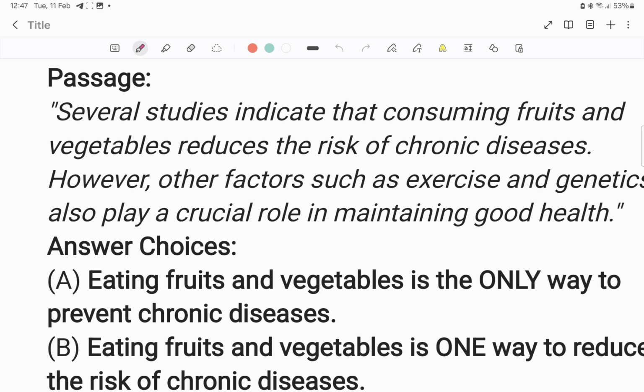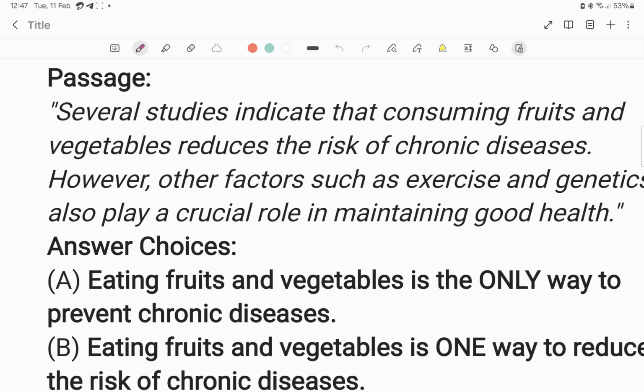Don't worry, it's a simple passage, because to understand the technique we are taking a simple one. At the end of the video we'll do previous year CLAT question papers. So first read the passage.